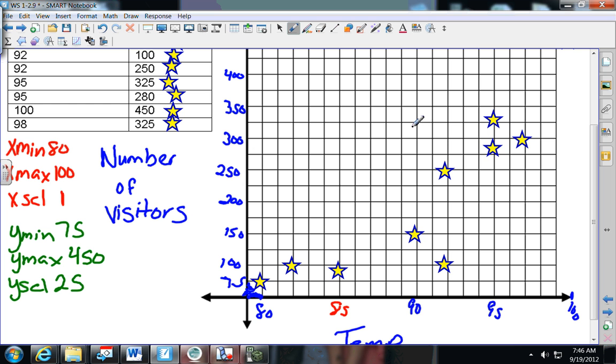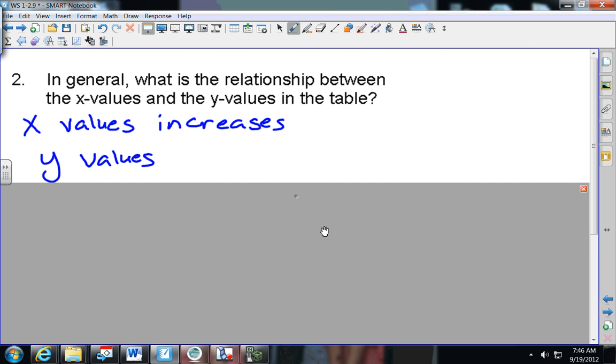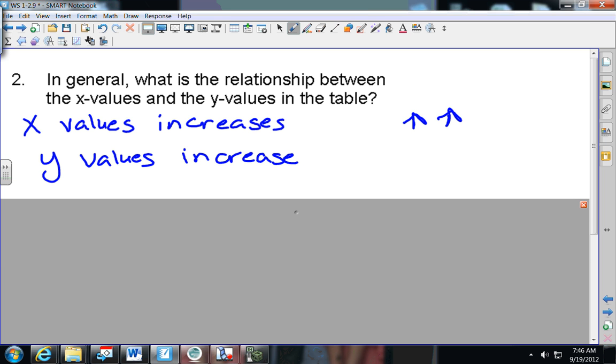I heard you say it, Gonzalo. What was it? They go up. So they increase. So wait, both things are going up. So that's going to be a positive correlation or association.